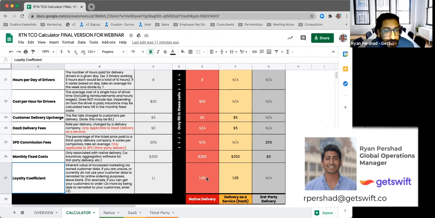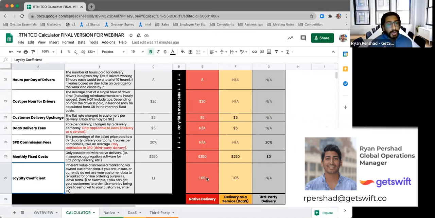So Zach again hit the nail on the head. What we were trying to encompass here is, when we were talking to a lot of operators and collaborating with vendors, everyone's saying there's a big upfront investment to do this, delivery as a service maybe not so much, but definitely native delivery.